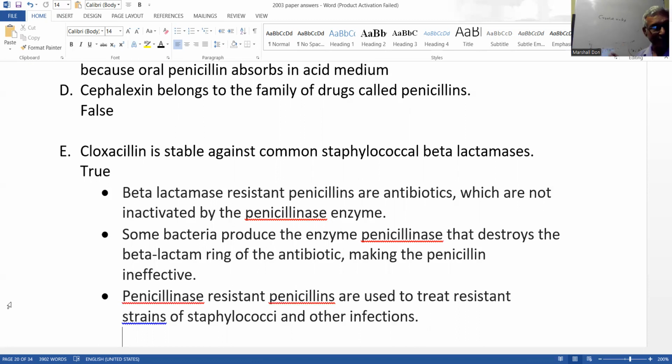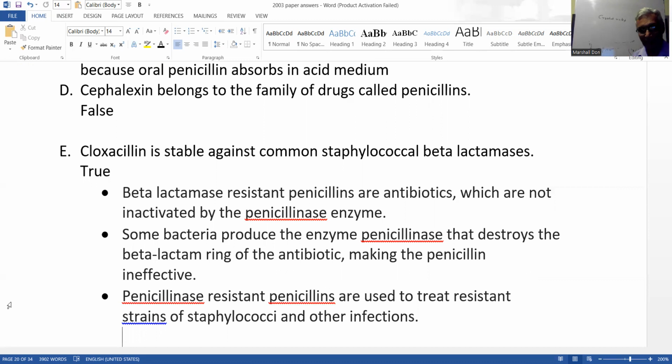Because penicillin is a natural compound. Penicillin is everywhere. Penicillin producing fungi are everywhere. When bacteria and fungi are in the same environment, fungi release penicillin to the environment.